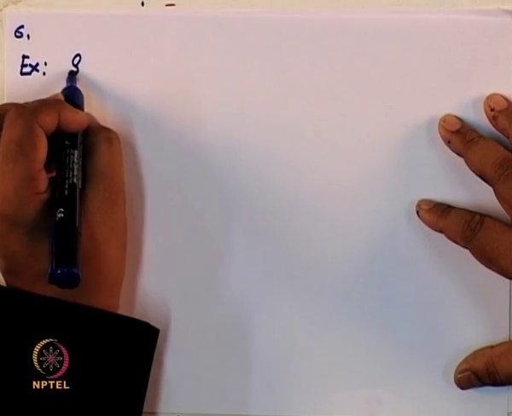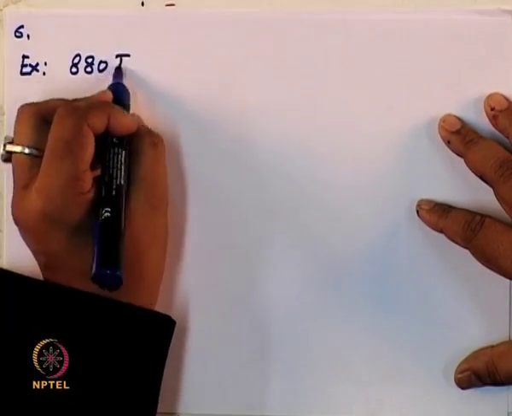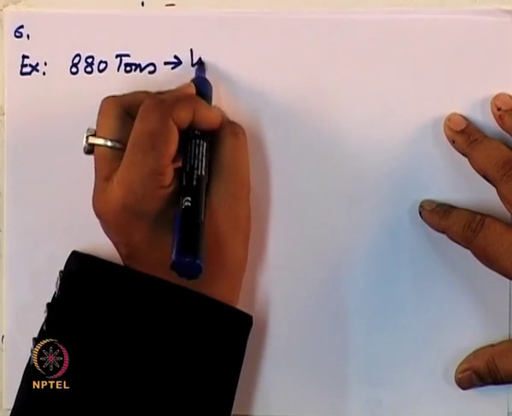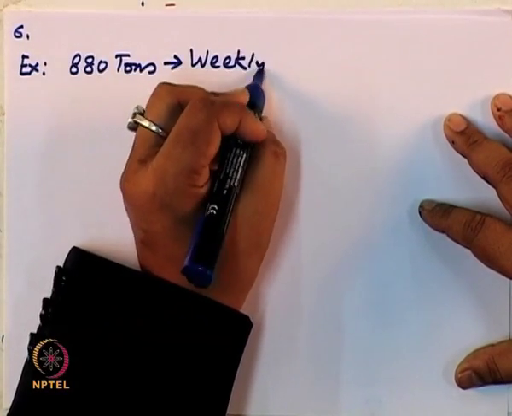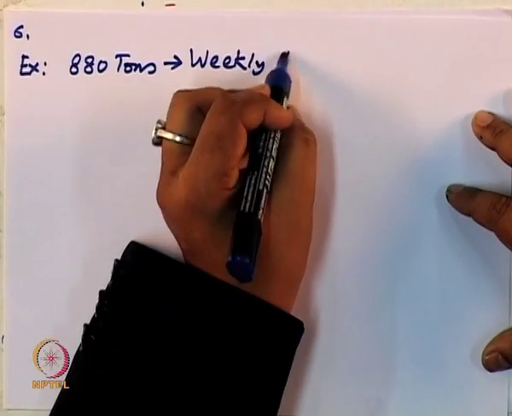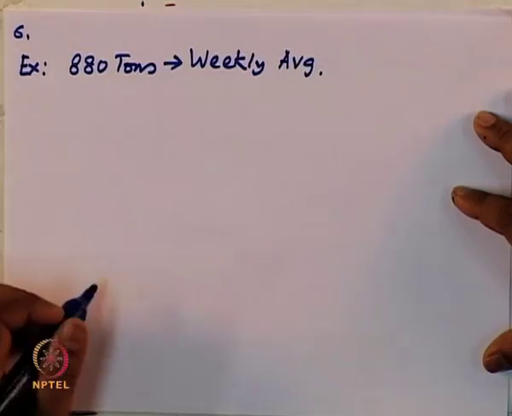Let us go back to the example where we found 880 tons was the weekly average, earlier known.